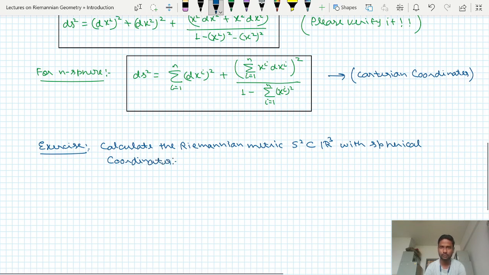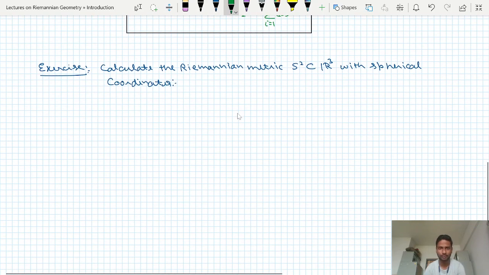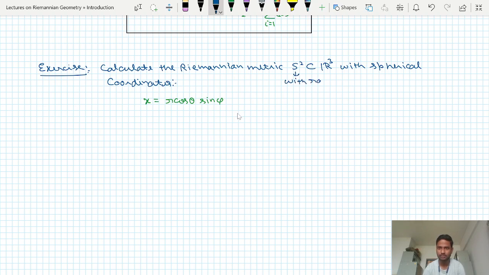Okay. So what are the spherical coordinates? You already know the parameterization. Let me give it to you. x equals r cos theta sine phi. This is for S2 of radius r. I'm taking S2 with radius r because it's a simpler case.